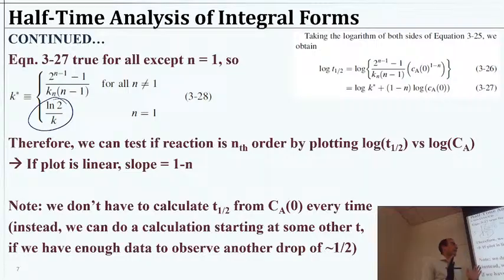So all this to say, we can actually test what reaction order do we have by plotting the log of our half-life, log of the half-life time, versus the log of c. And you'll see that because this equation was in log of the half-life on the left, that's our y value.